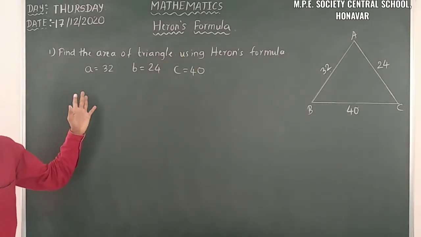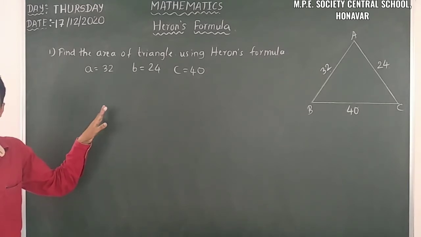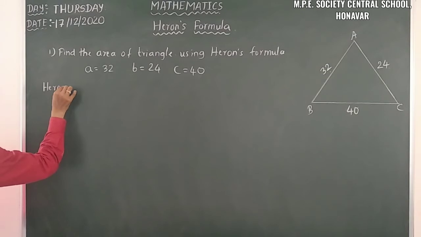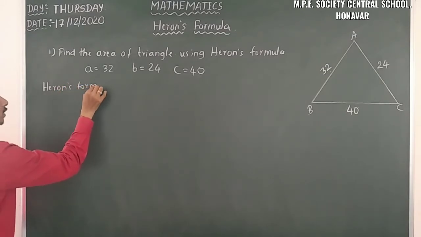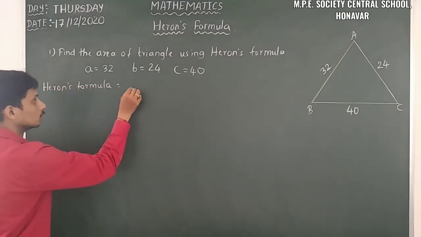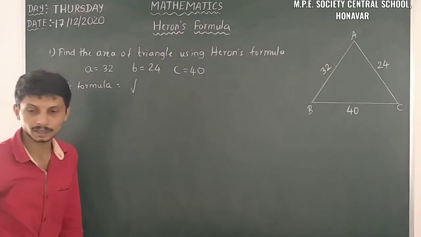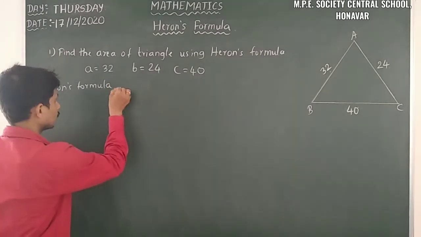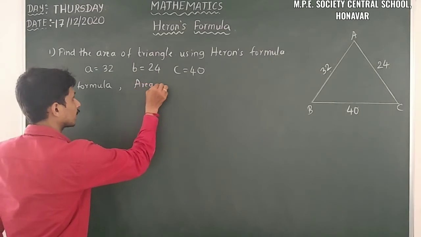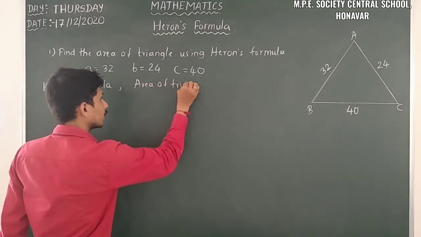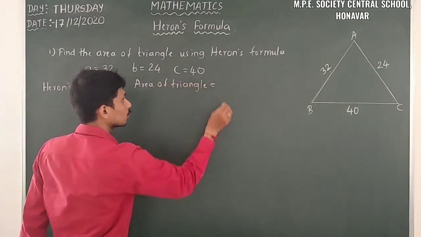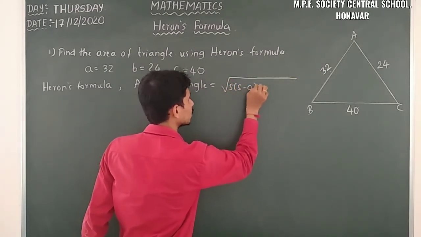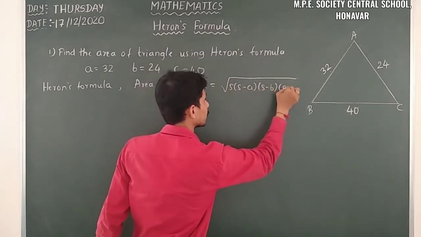Then we have to find the value of S. Heron's formula for the area of a triangle is equal to the square root of S into S minus A into S minus B into S minus C.